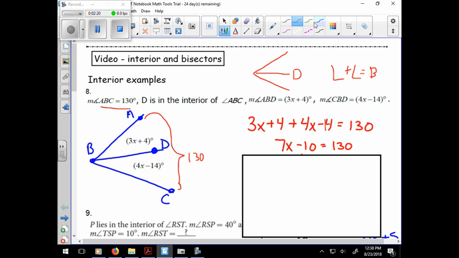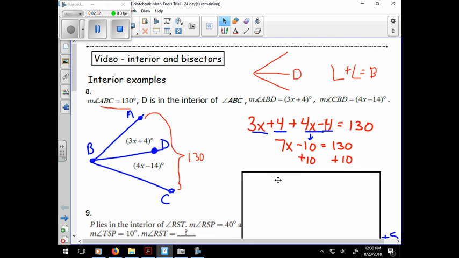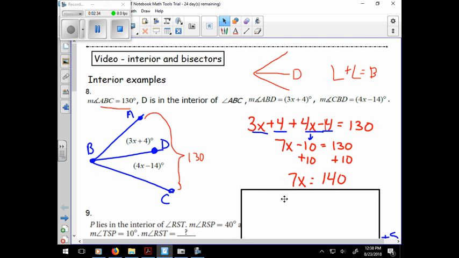I got the x's combined to make 7x, and the 4 and negative 14 combined to make the negative 10. And then hopefully everybody feels confident what to do next: you add 10 and then divide by 2, or I'm sorry, divide by 7, and you'll get your answer.